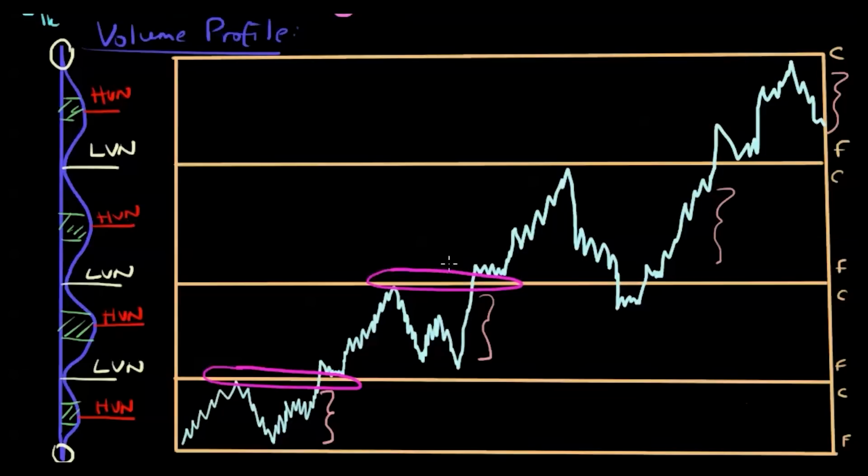So that's what I mean. In these regions, again, in here, it went through very quickly, used this as resistance, then support, and then again here. So notice in these areas, we're doing very little trading, and thus we have very little volume done there. Every single one of these areas.